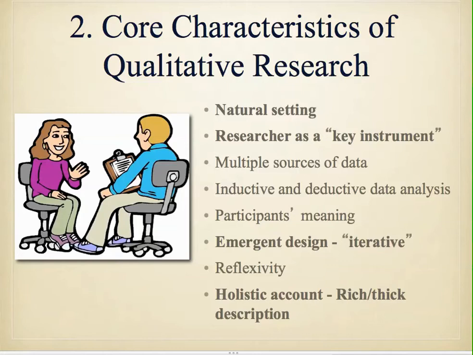And you understand that you yourself, as the researcher, are an instrument. By that we mean that you, the person that collects data, who writes down the notes during an interview, have your own filters and your own biases. And that's stated straight up.